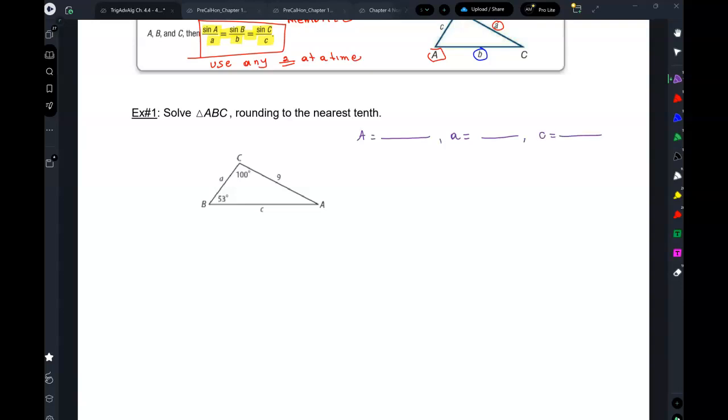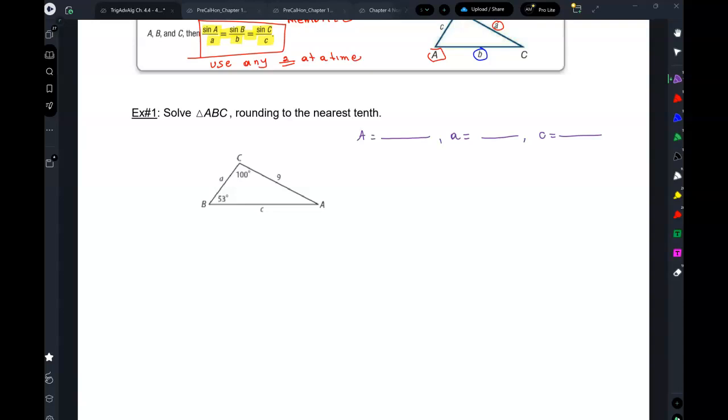Can we use the law of sines? Is there a pair where you have both angle and side given? Yes. For B, you have both angle and side given. So we can definitely use law of sines.